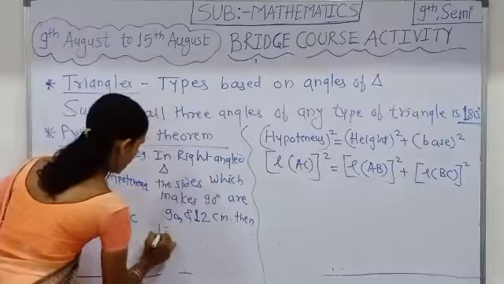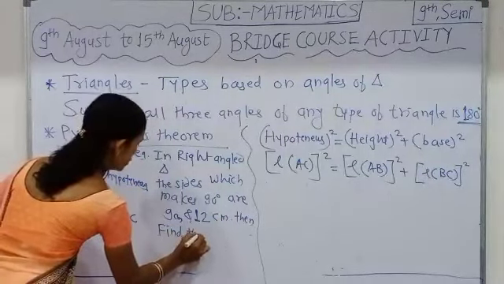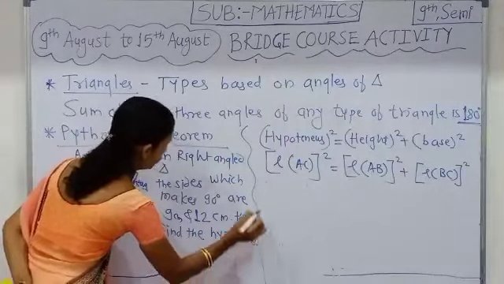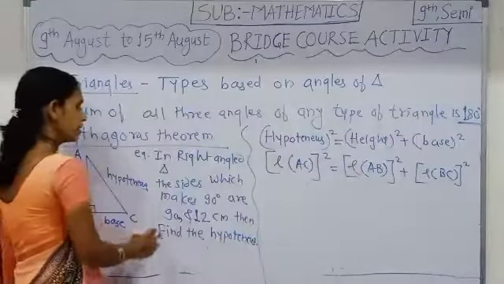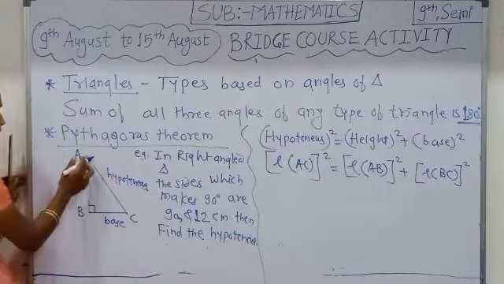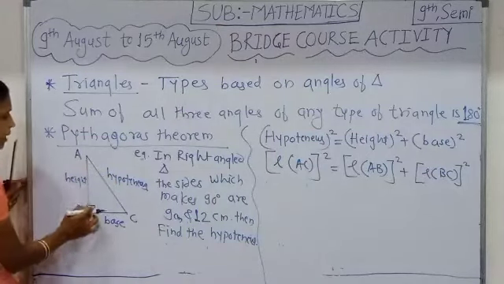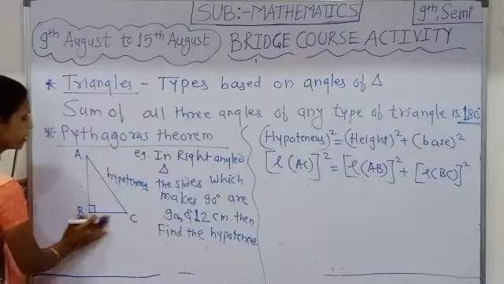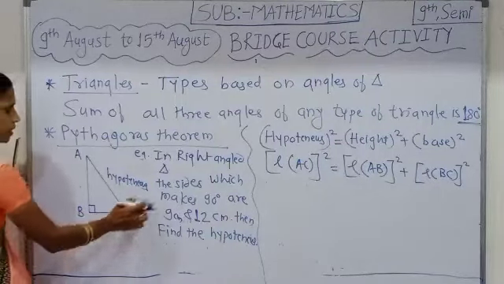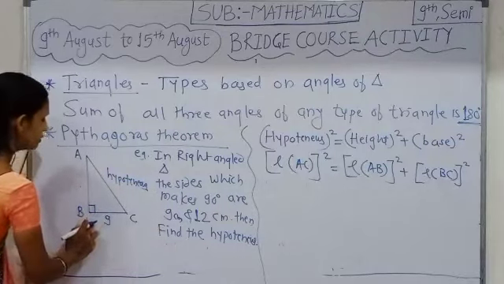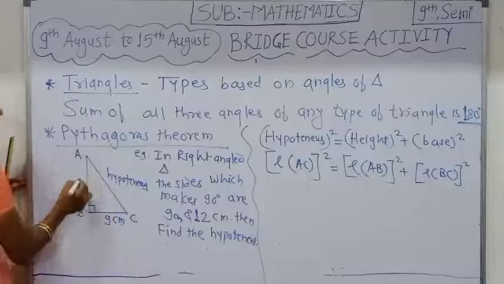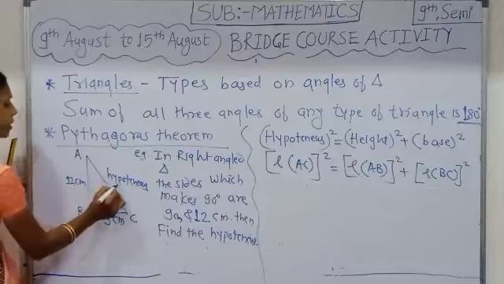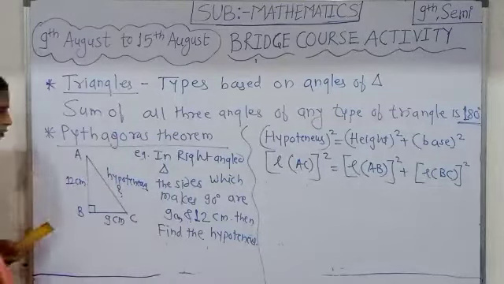Then find the hypotenuse. Then see here, the side which makes the right angle is AB and another side which makes the right angle is BC. Therefore, one of the sides is 9 centimeter and the other side is of length 12 centimeter. Then we have to find the length of the hypotenuse.